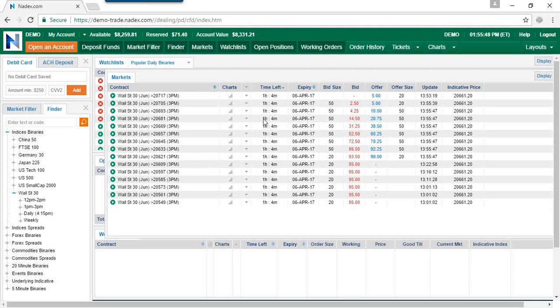Instead of 7 minutes, an hour. Giving yourself more time to be right. Are you going to pay a little more for the binary? Sure, instead of 17, you're going to pay 37. But you're also getting a 30-something% probability instead of a 15. You're paying a little more for it, but you're paying to ensure a little bit higher percentage of probability, right?